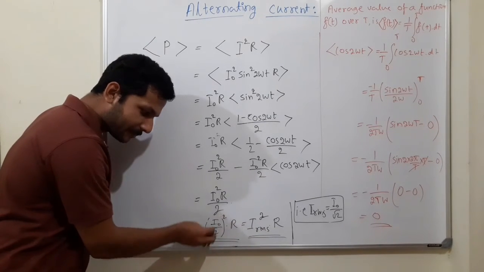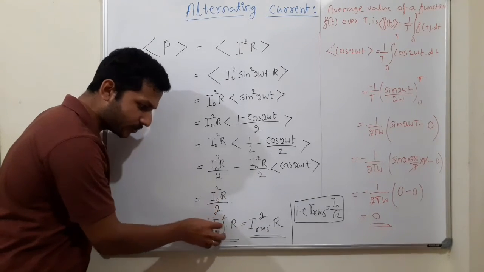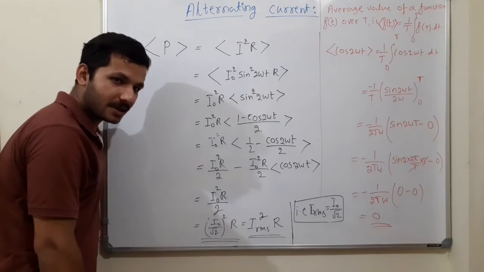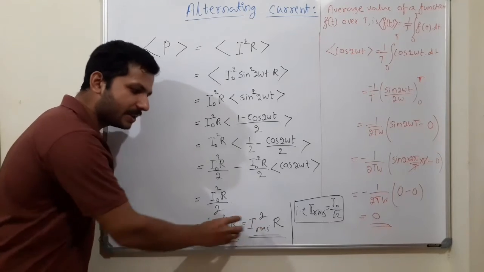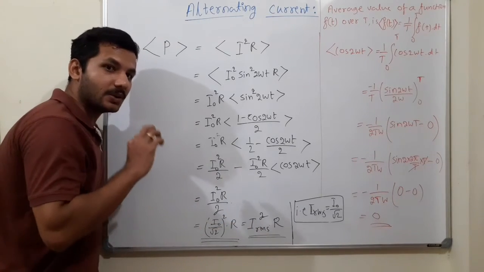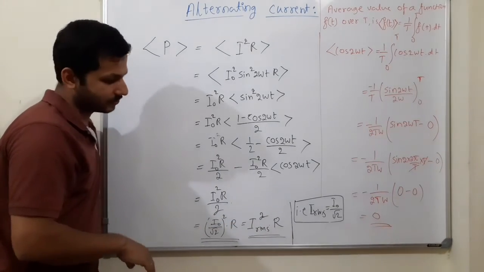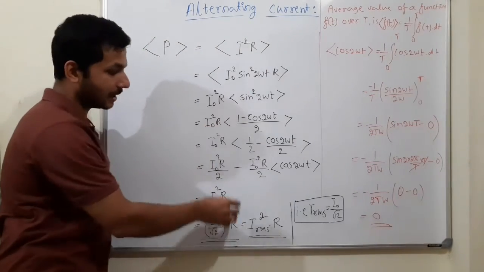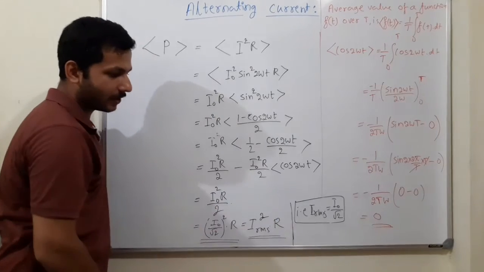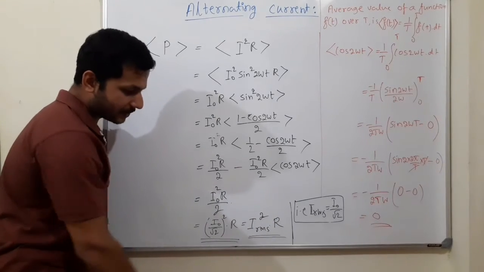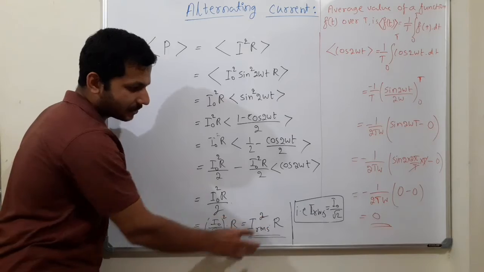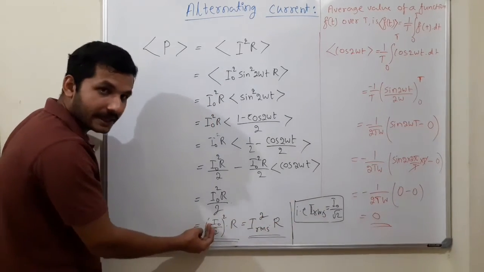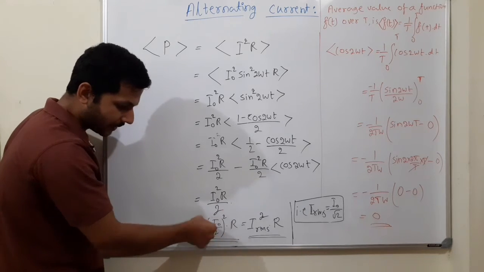I have represented this I naught square by 2 in the form of IRMS square because I wanted it to be in the form of P is equal to I square into R. I wanted it to be present in that form. That is why it is done. Which means I square RMS is nothing but I naught square by root 2 whole square.